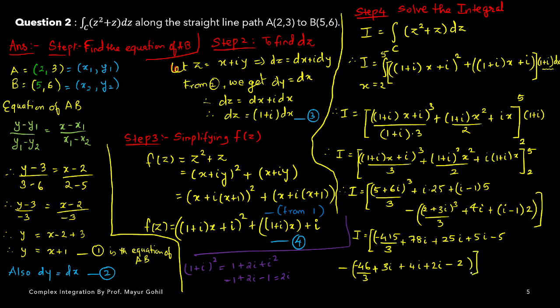So on simplification, let us see what does it boil down to. So you have minus of 415, and here you have plus of 46 divided by 3, right? Divided by 3.